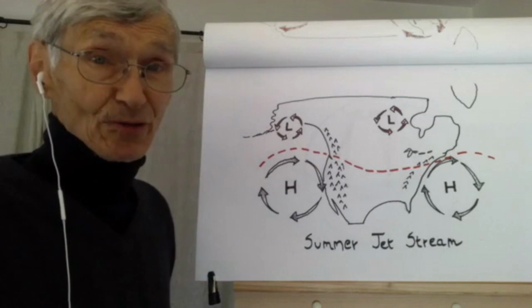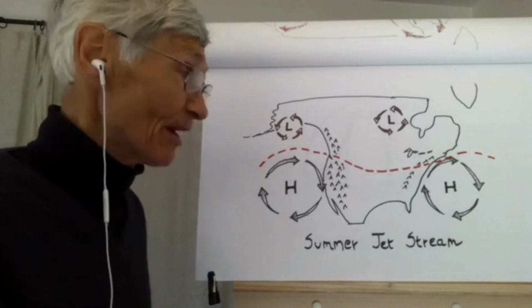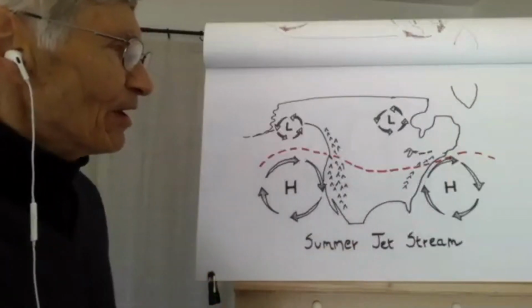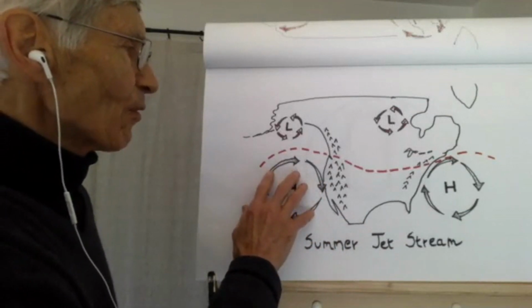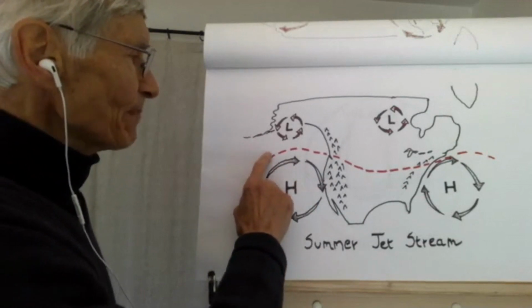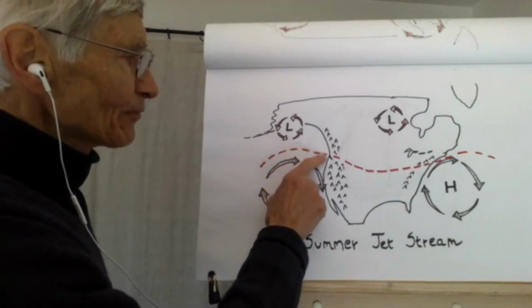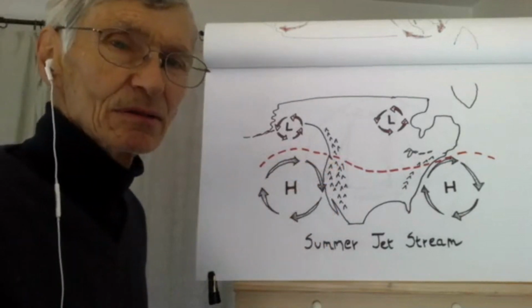There are very good reasons why, but they're a little far out for right now. So this is a typical path for the summer jet stream on the chart here. You have a robust Hawaii high that pushes air up off the Pacific and through a gate in the mountains in Seattle.